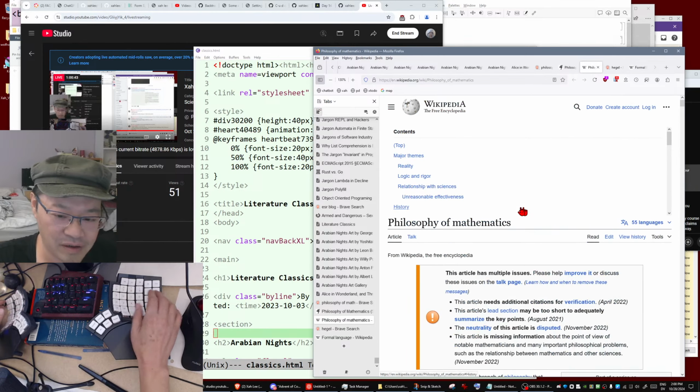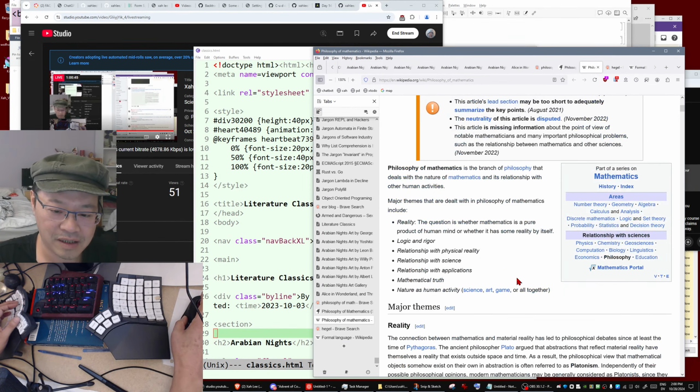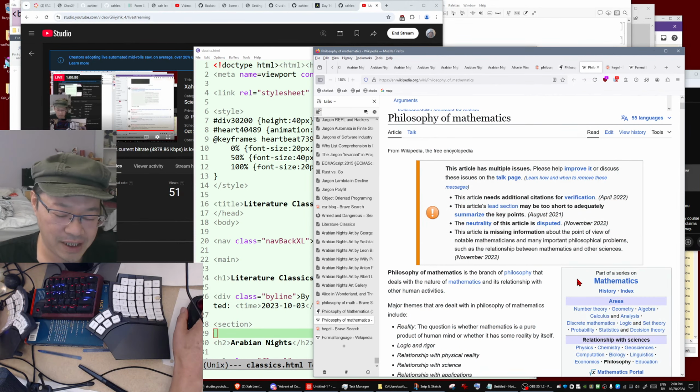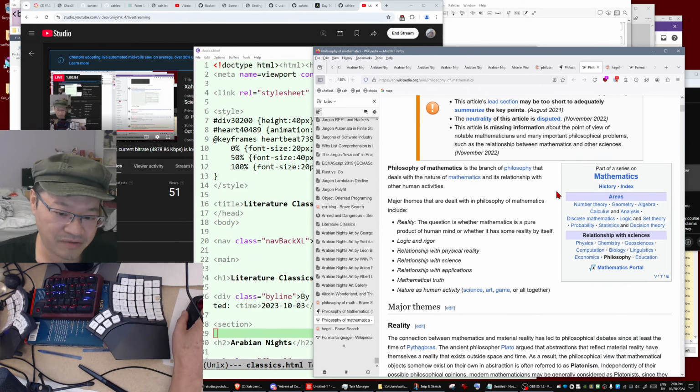Okay, so let's get the jargon right. By the way, the Wikipedia article on the philosophy of mathematics is very corrupt.